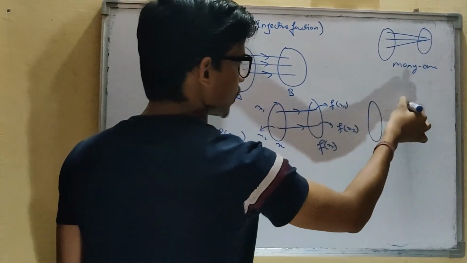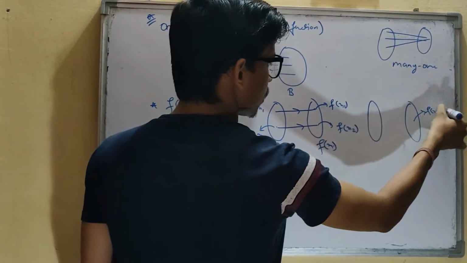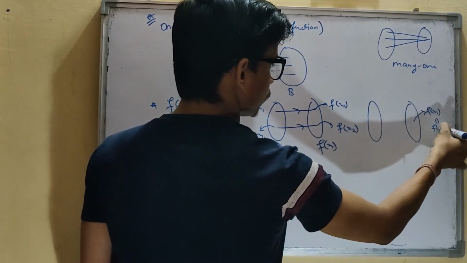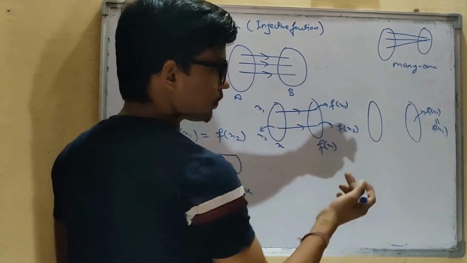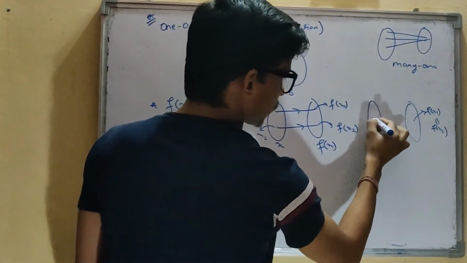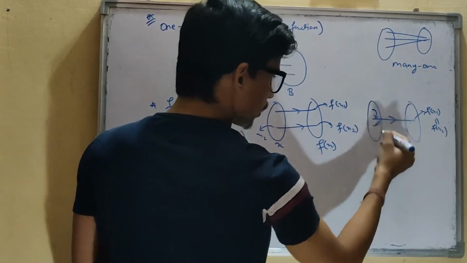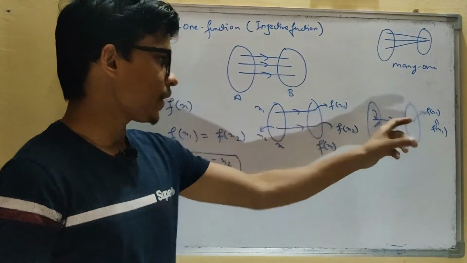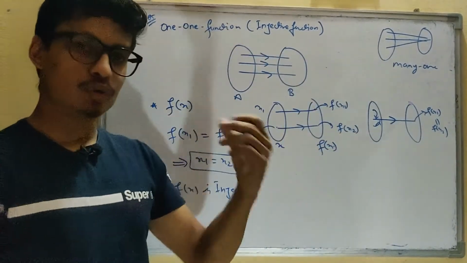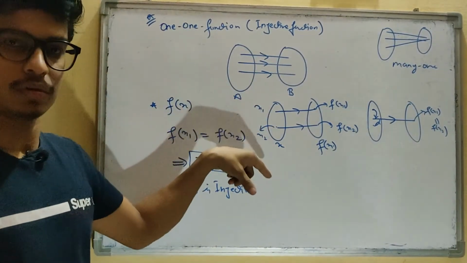This point is f(x1) and f(x2), both values are the same. So what this implies is that these two should be the same; they are not two different entities.